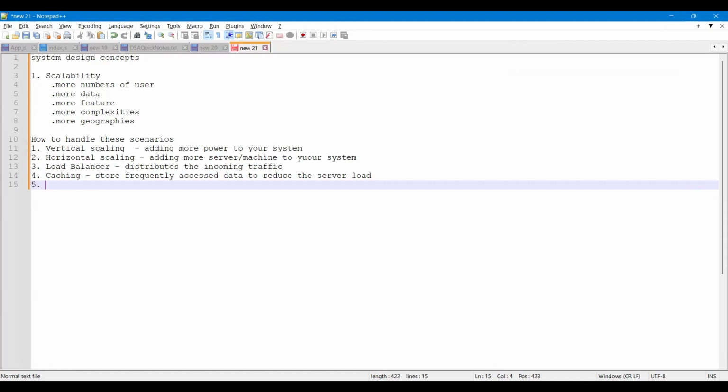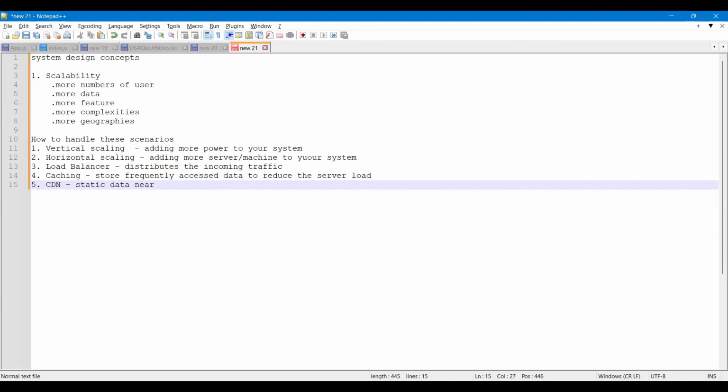If the system increases, CDN will be part of caching only, where we are storing static data near to your user. Suppose CDNs are used like if you are Indian and you want Indian content to be at a particular region. In India, there are multiple states.